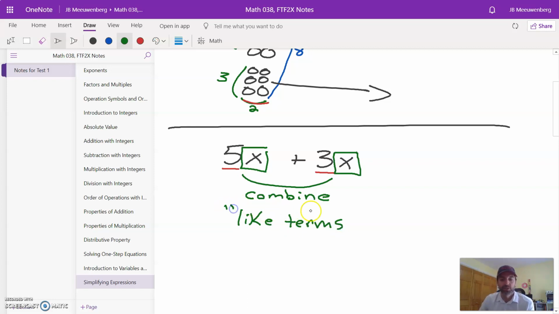That's what these things are called. 5x and 3x are considered like terms because they have the same variables. And the way we combine them is we simply add the coefficients.